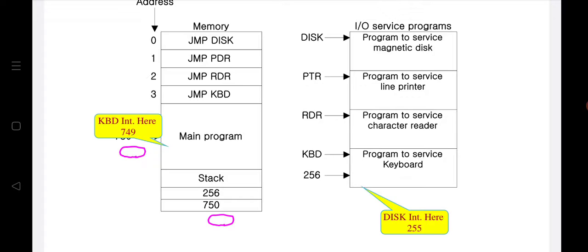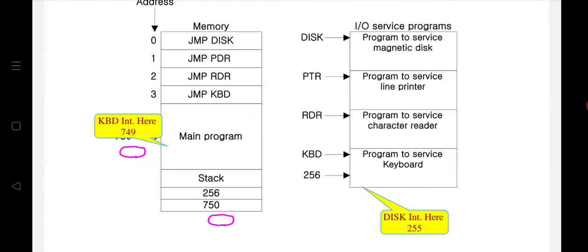Whenever the CPU jumps from the main memory to the subroutine program to provide service for the IO devices, it needs to store the present memory location. My present memory location is 749. What is my next memory location? It will be 750. That 750 will be moved into the stack memory.